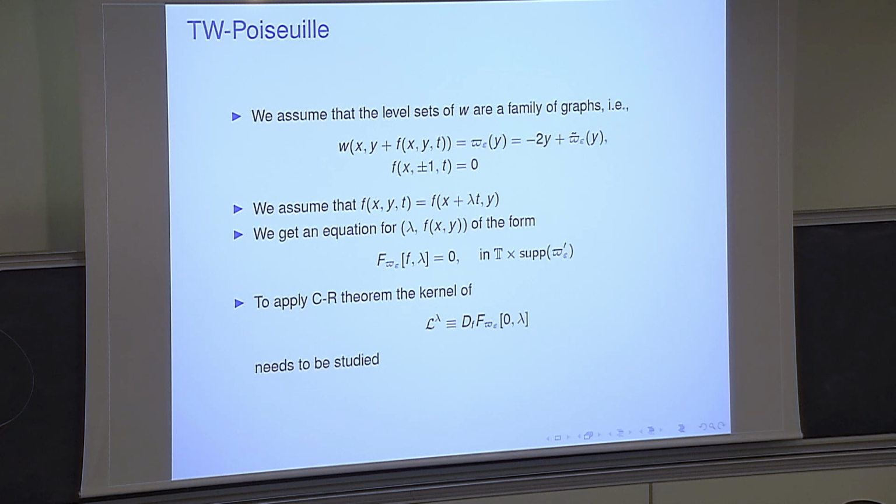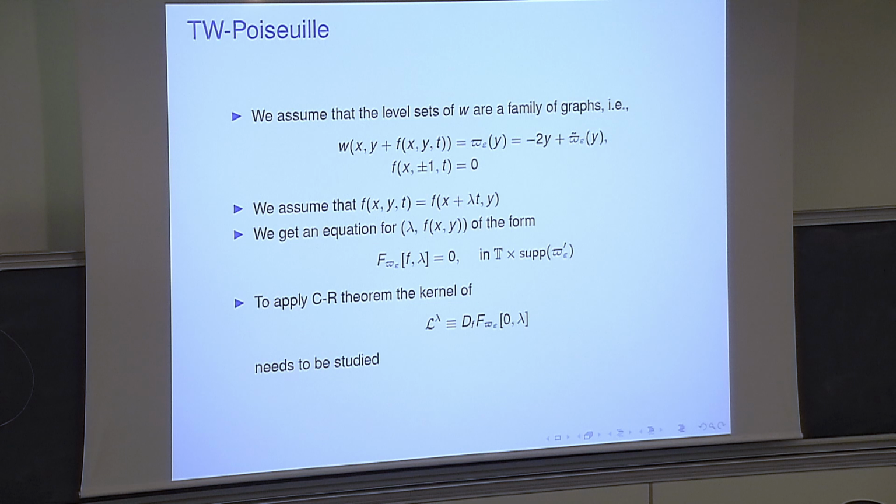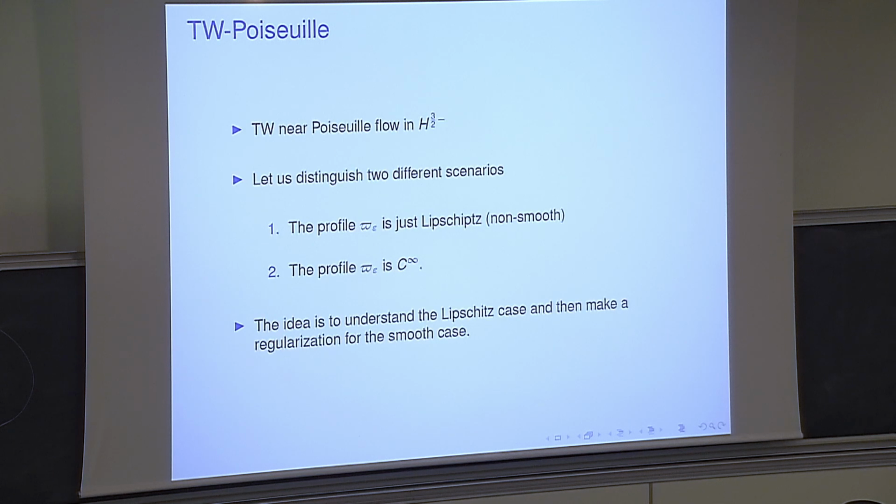In order to apply the Crandall-Rabinowitz Theorem, we have to study this linear operator. With this strategy, we think that we are able to find a traveling wave solution near this flow in H^{3/2 minus}, and we are sure that we cannot go further.